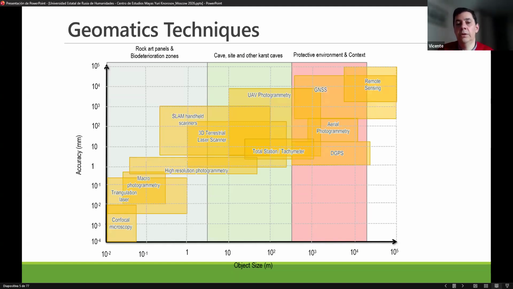But when we are working inside, in cave documentation, we used to use a 3D terrestrial laser scanner, total station, I will show later. The exterior with drone, with unmanned aerial vehicle, and all the protective environment with remote sensing, satellite remote sensing, aerial imagery. It depends on the scale.